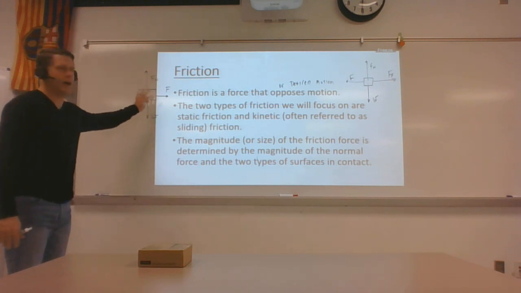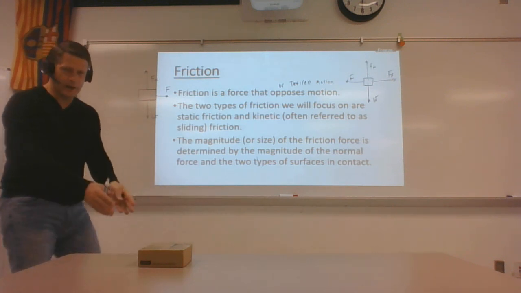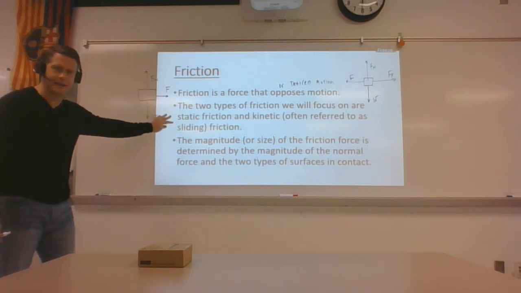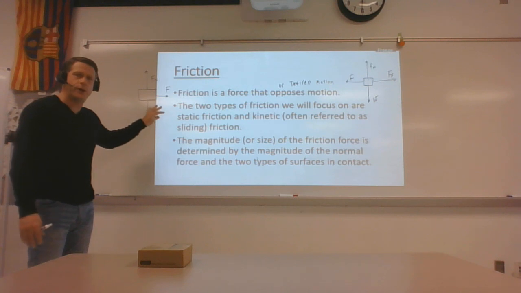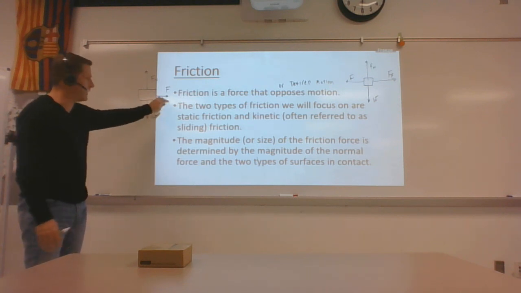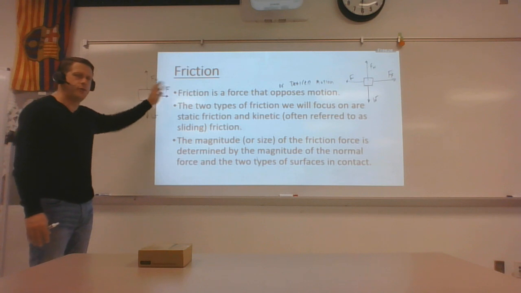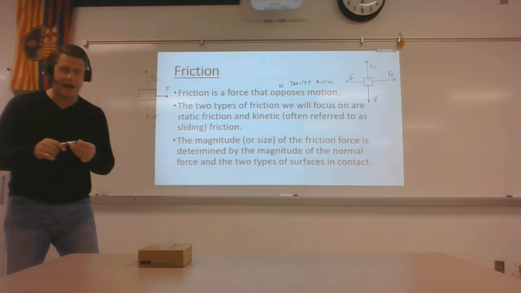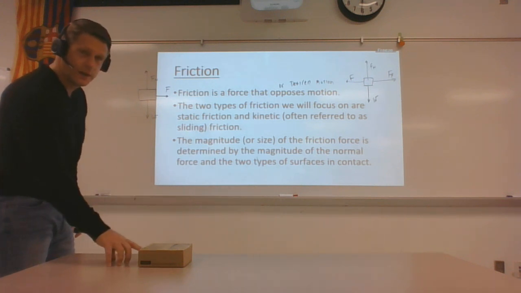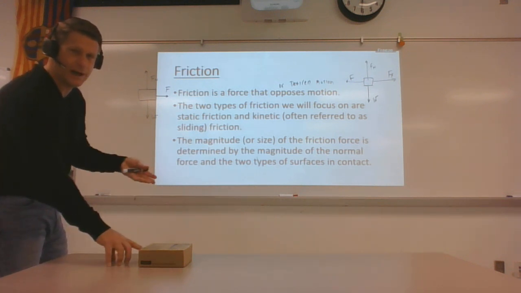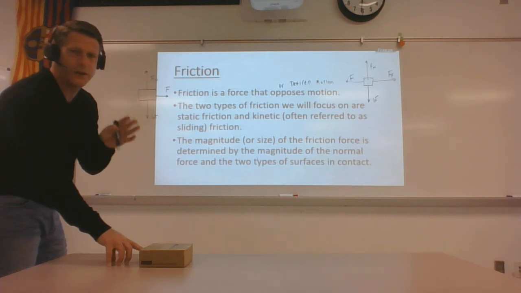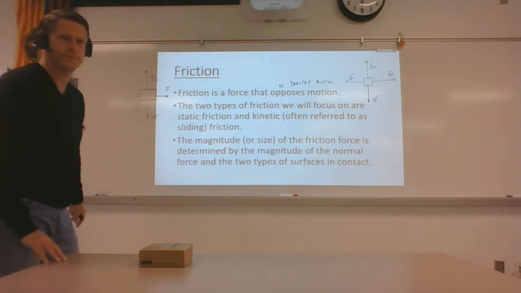Because if we look at this diagram, this object would have to be accelerating because as this diagram lies, there is no force that is balancing out this F. So these forces horizontally are unbalanced. That would cause an acceleration for this box. As you can see, there is no acceleration for the box. So if this box is not accelerating, then there must be forces that balance things off in the horizontal plane.